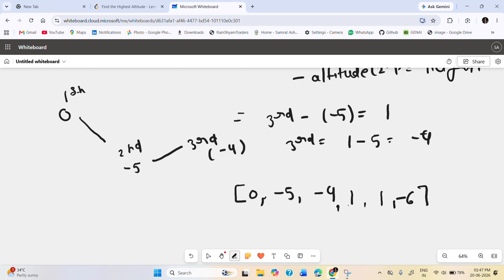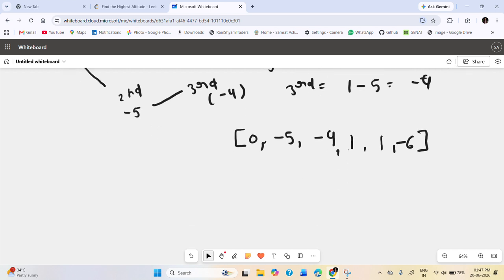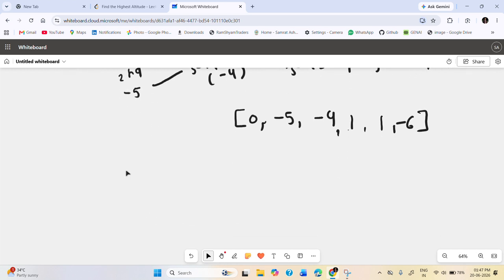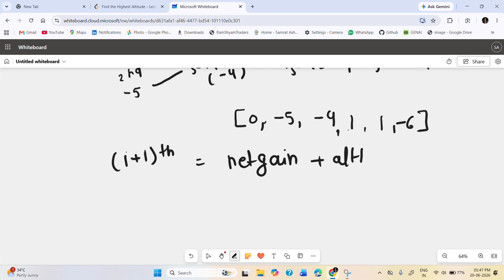Here it will be minus 6. So the formula for each point's altitude, the altitude of the (i plus 1)th point, will be the net gain between the points plus the altitude of the ith point. Okay. So we will use this formula to solve this question.